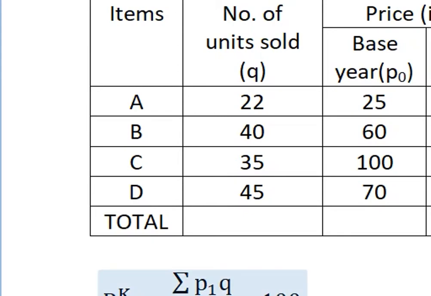Firstly, you need summation P1Q, that is P1Q's total. How much? 11,560. Then you need summation P0Q, that is the total of this P0Q column, which is 9600.